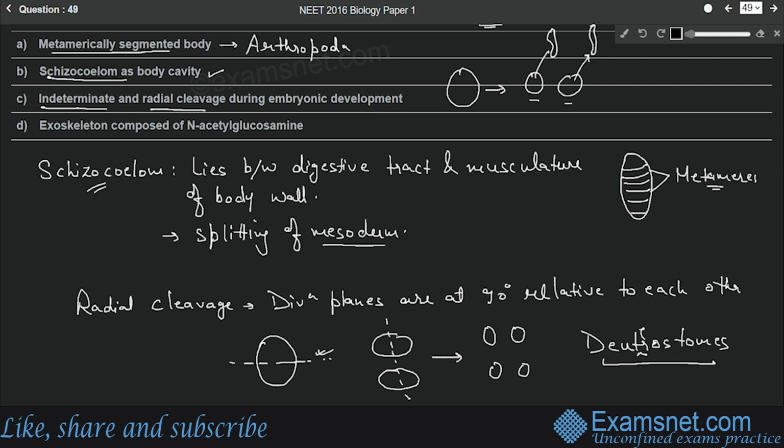Therefore, this is not the feature present in cockroaches, right? The last one says exoskeleton composed of N-acetyl glucosamine. So we know that the exoskeleton of the cockroaches consists of chitin, right? And chitin is made up of N-acetyl glucosamine, that is written as NAG in short. So yes, this is also correct for cockroaches. The only incorrect one is the third one, that is option C will be the correct answer.